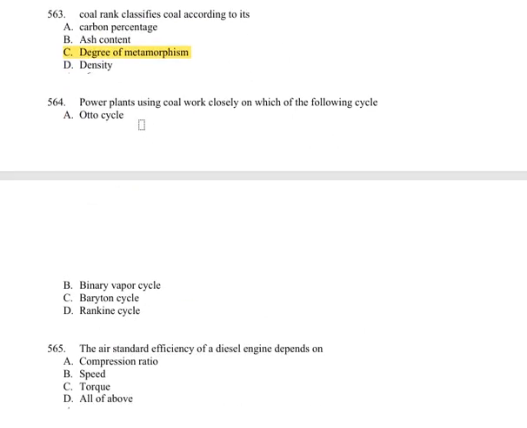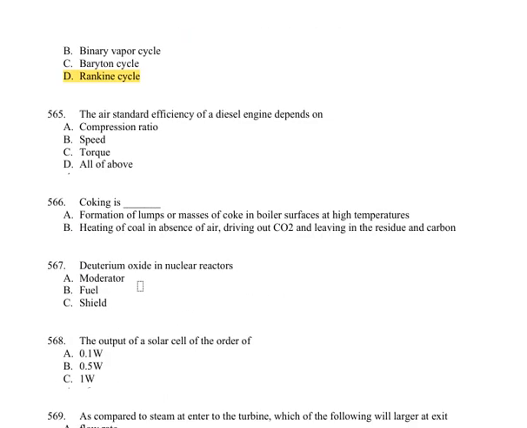All plants using coal work closely on mutual cycles. The air standard efficiency of a diesel engine depends upon the compression ratio.